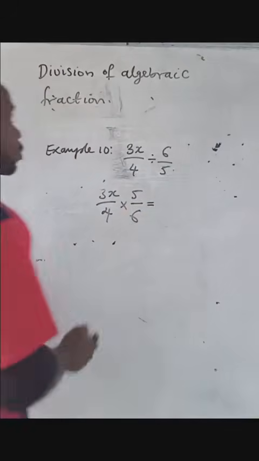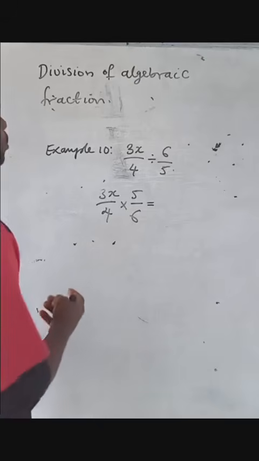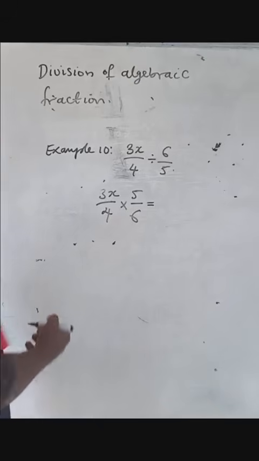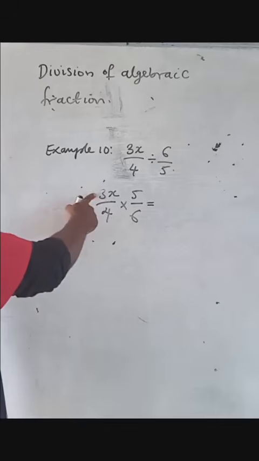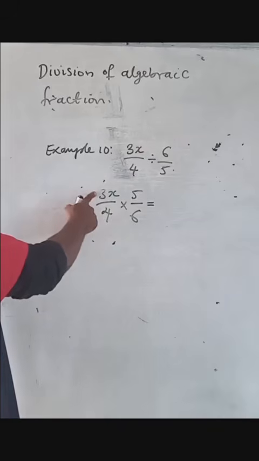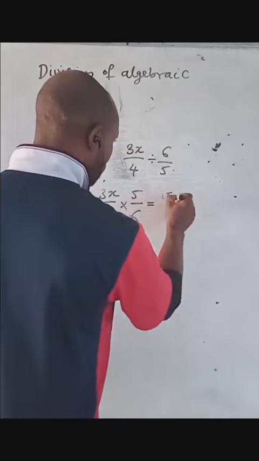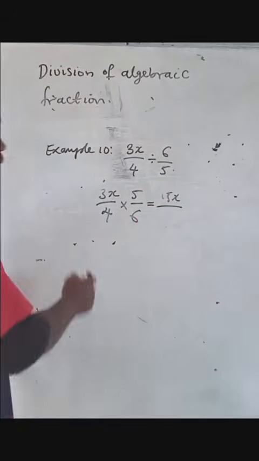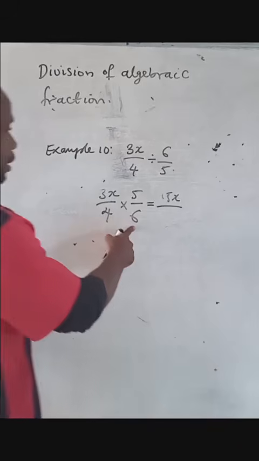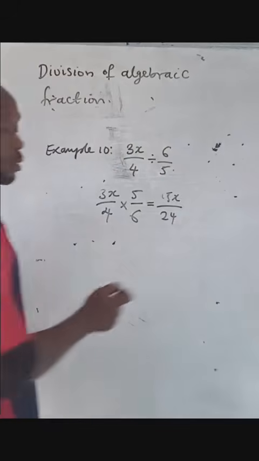And so we can apply the method we used in multiplication of algebraic fraction by multiplying the numerators together and then multiplying the denominators together. Therefore, 3 multiplied by 5 multiplied by x is 15x all over 4 multiplied by 6, which is 24.